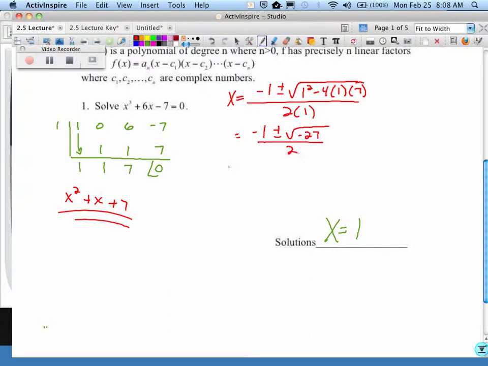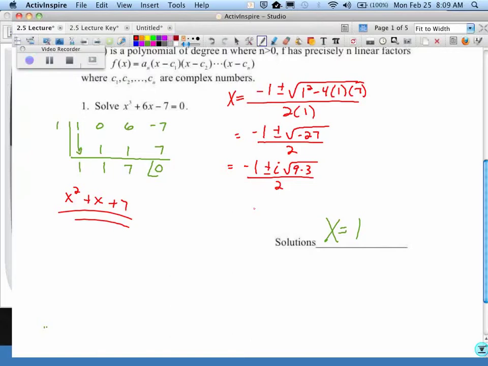What do I have to do with that negative 27? Because before the other day, we stopped. We said no more solutions and quit. Friday, we said what? Bring out the i. And I'm going to break it down into 9 times 3. Remember, anytime now the negative's under there, we're basically taking the square root of negative 1 and bringing an i out to the front.